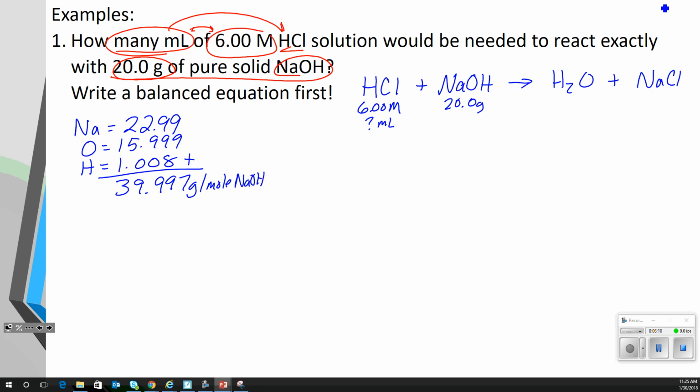So then I can do the thing we did in October, where we take the 20.0 grams and change it into moles. So divide it by 39.997 grams, and 1 mole of sodium hydroxide would go on the top. Grams would go out, and we would get how many moles of sodium hydroxide?